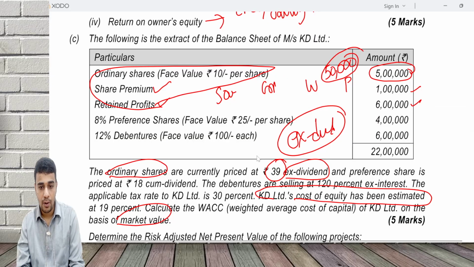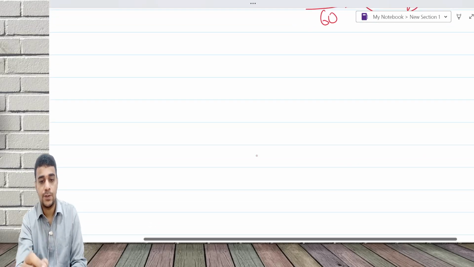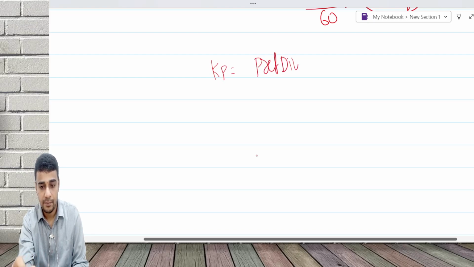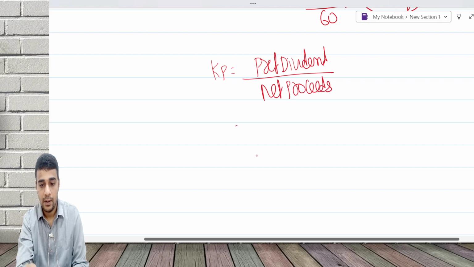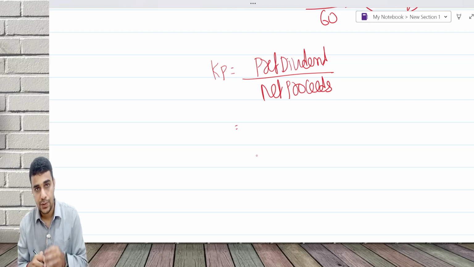Okay, coming to cost of preference, which is not directly given. So let's do that. Cost of preference, KP, is equal to preference dividend divided by net proceeds. Net proceeds for an existing issue is the current market price.